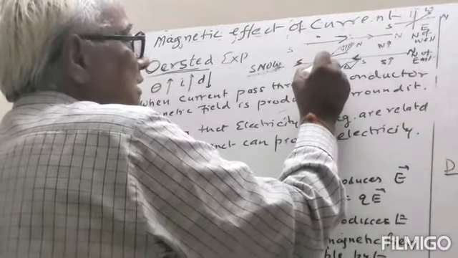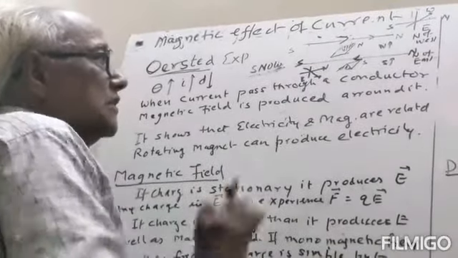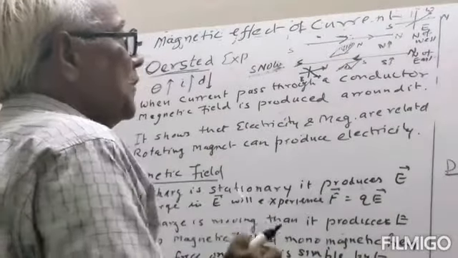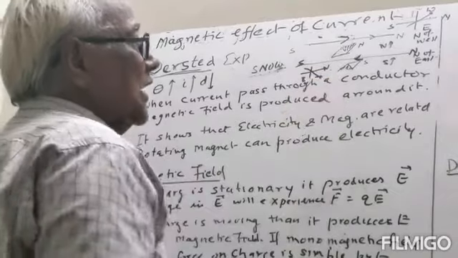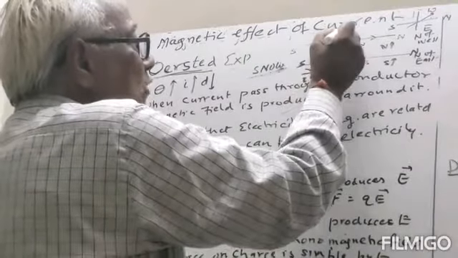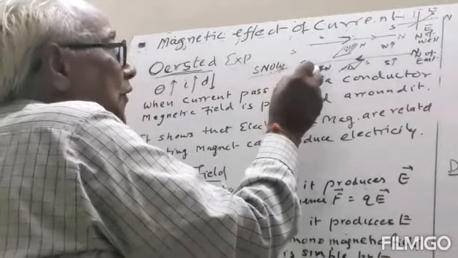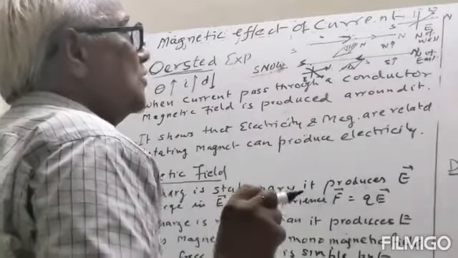This is the north, this is the east. So when we reverse the current, the direction of the north pole will be in the northeast direction. Whereas when the current flows from south to north, the needle will be in the north of west direction.